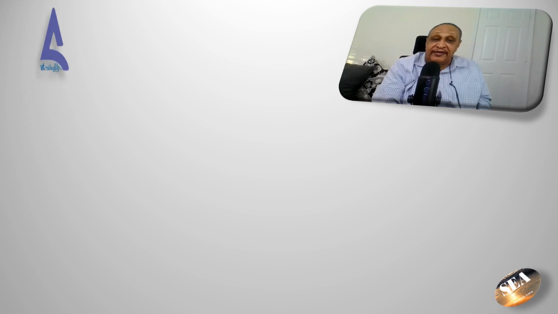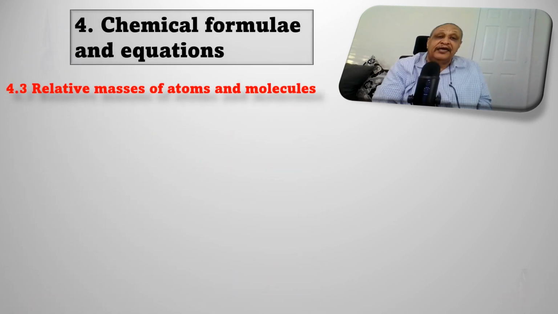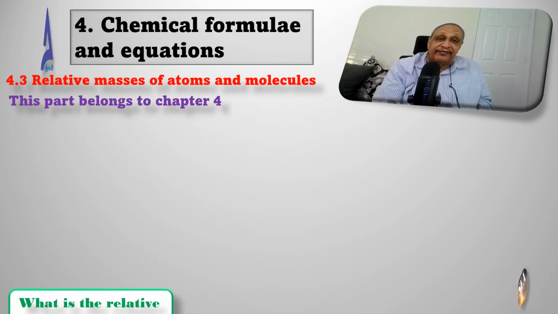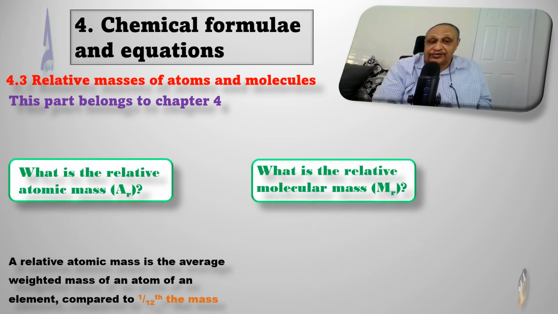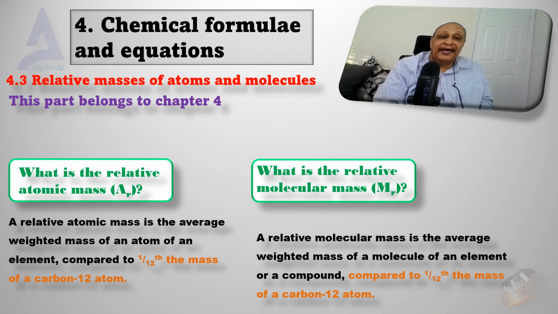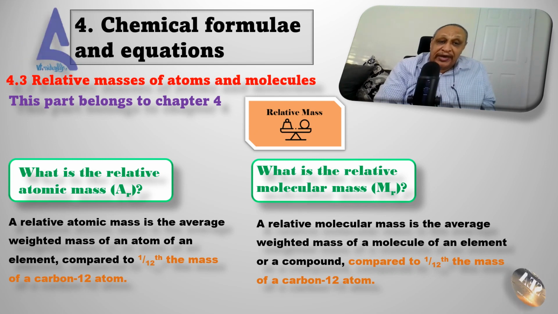In our previous episode or lecture, we covered the relative atomic mass for isotopes. And we said that a relative atomic mass is the average weighted mass of an atom of an element compared to 1/12 the mass of the carbon-12 atom.